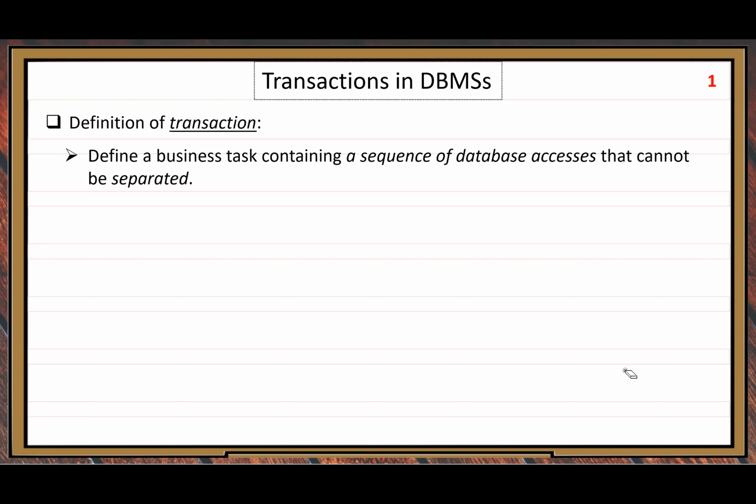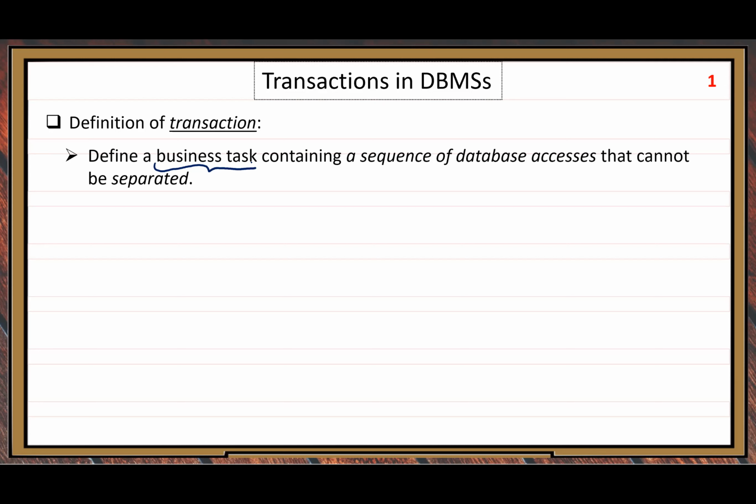After that, that whole sequence, all the database accesses in that sequence, putting together, you define one particular business task. There is one specific business task. That implementation is defined in this sequence of database accesses.